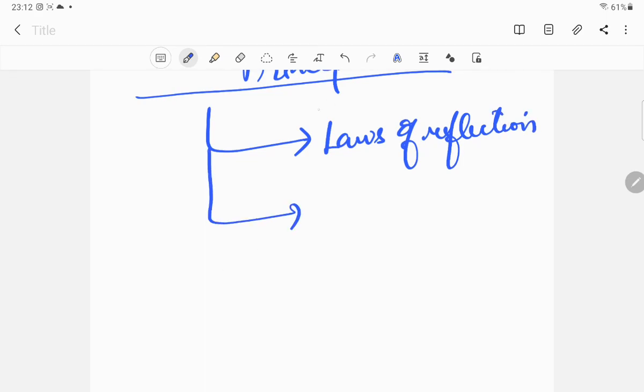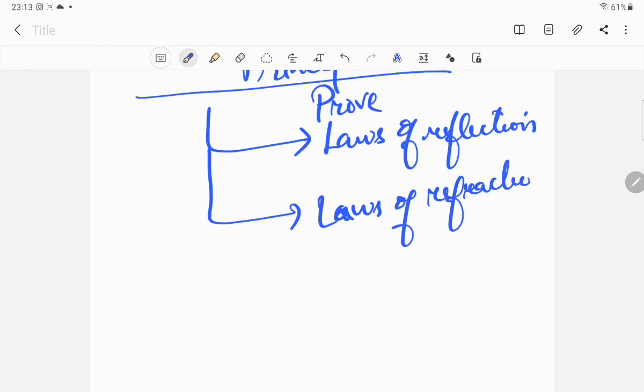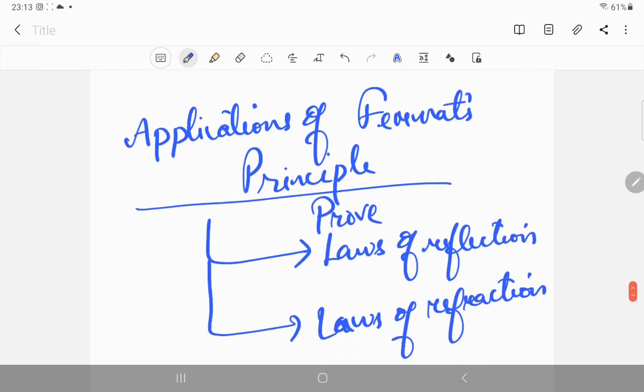Then we will prove the laws of refraction using Fermat's principle. So these are the two things we are going to do in the next video.